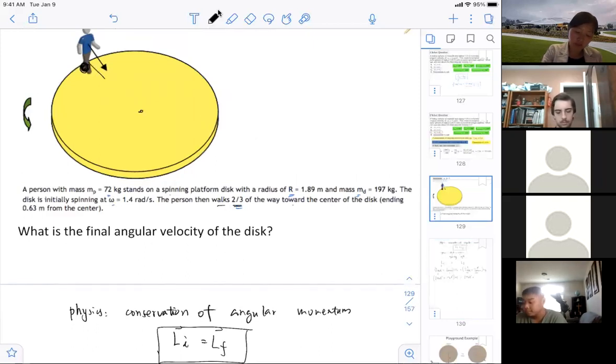So it's eventually here, right? The person was standing here, so walks 2/3 of the way in. So the new distance from the person to the center is going to be what? 0.63 meters. Yes, which is also given.